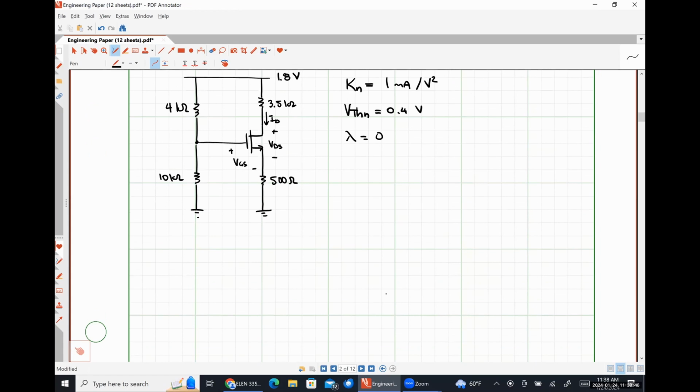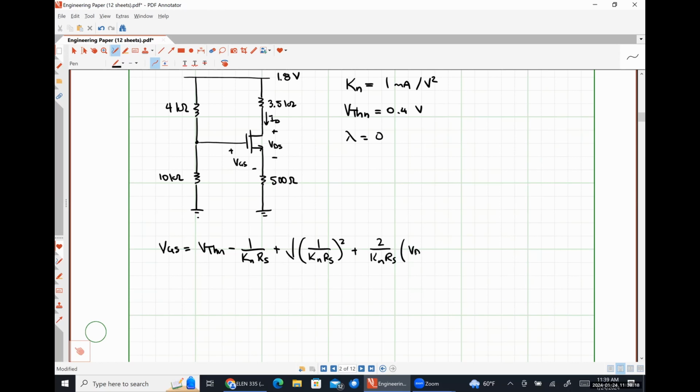So our equation, and this is what was written down earlier, is our gate source voltage will be VTHN minus 1 over KnRS plus the square root of 1 over KnRS squared plus 2 over KnRS times VDD R2 over R1 plus R2 minus VTHN.